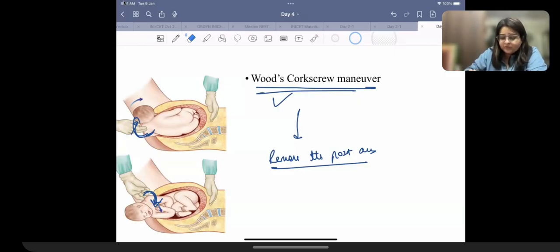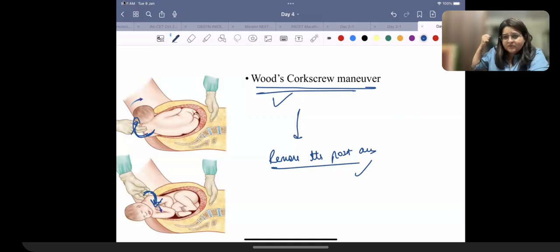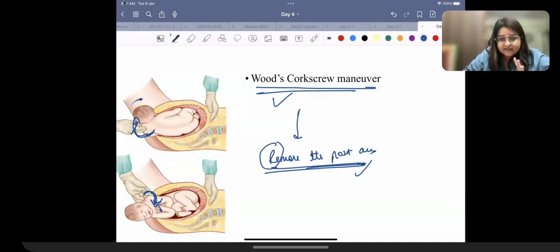So remove the posterior arm means putting your hand posteriorly, trying to find the hand of the baby and pulling the hand outside. Okay, it's not as easy as it sounds. It's very difficult because there is no space. But this can be tried. Removing the posterior arm is the R.